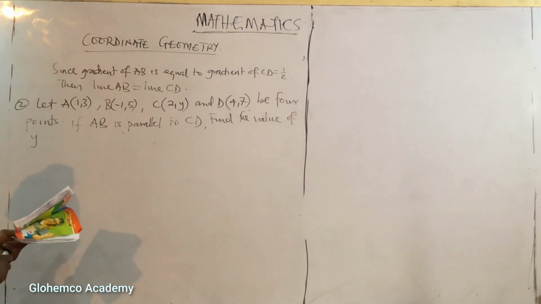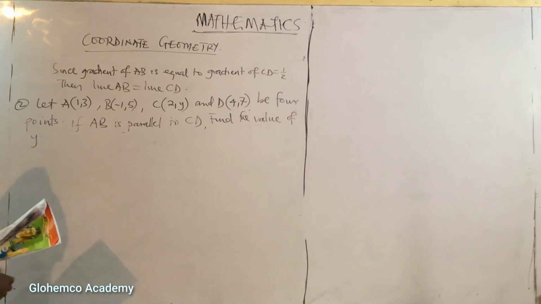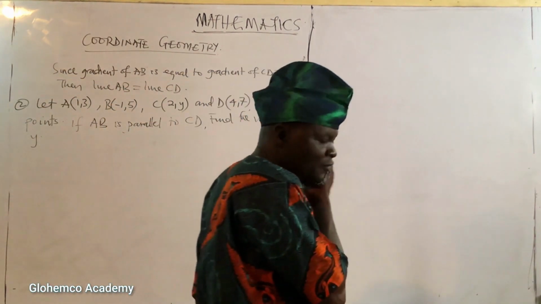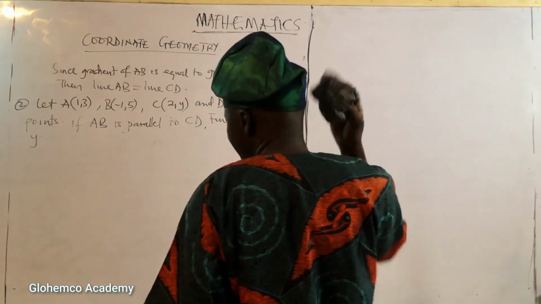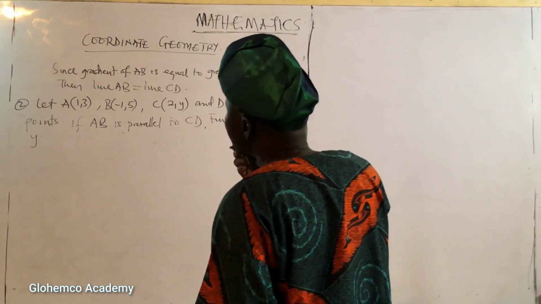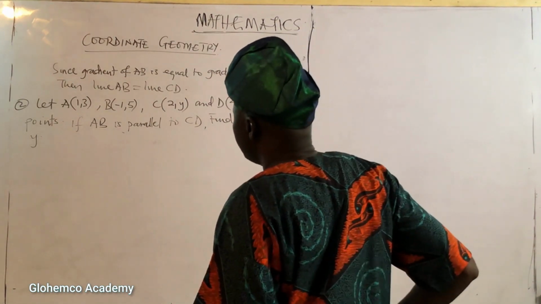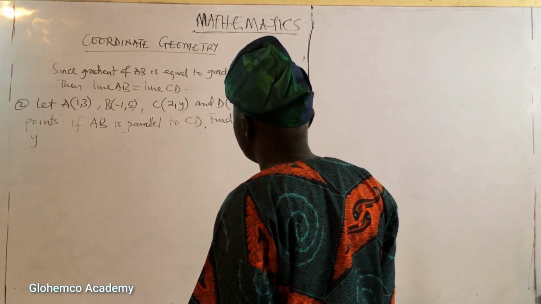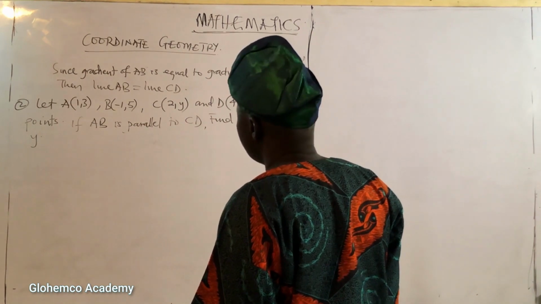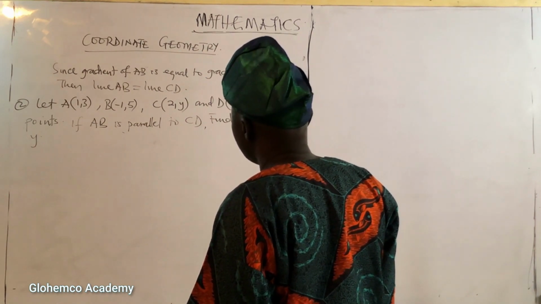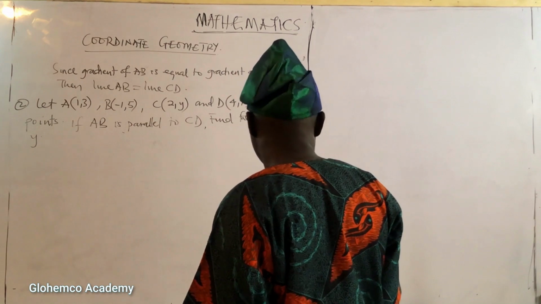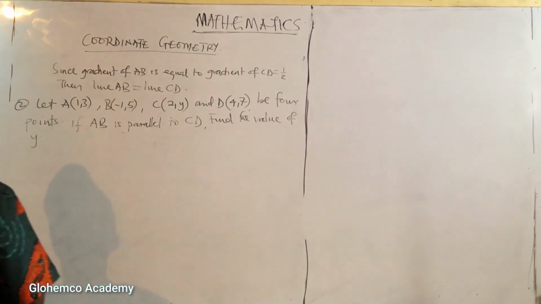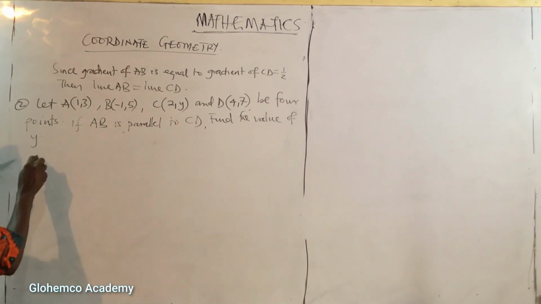Let A equal 1 and 3, and B equal minus 1 and 5, and C is 2 and y, and D is 4 and 7. There are 4 points. If AB is parallel to CD, find the value of y.